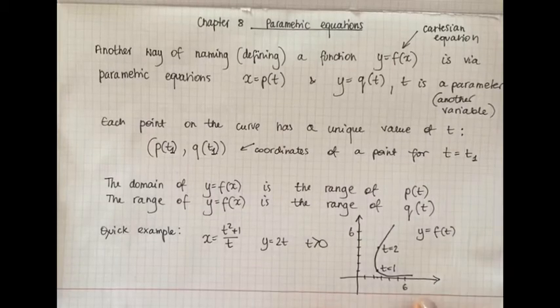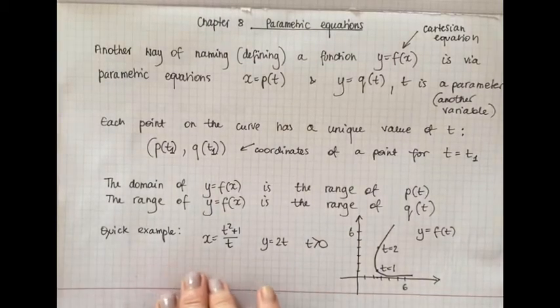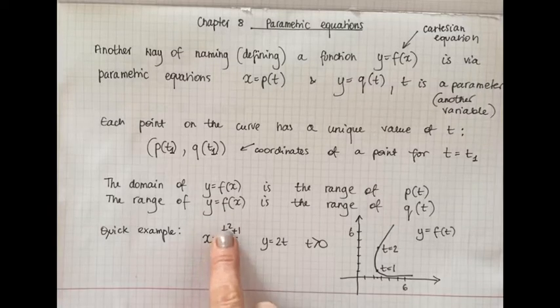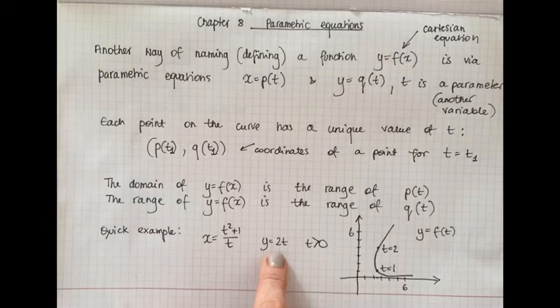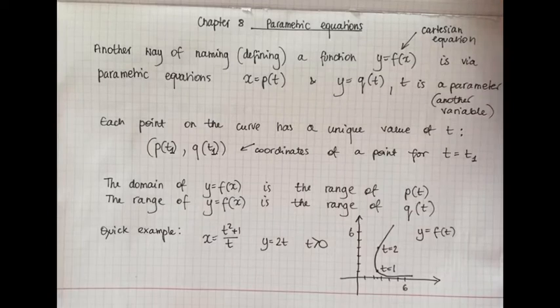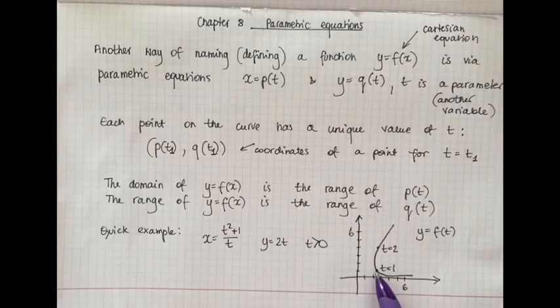So a quick example, here you've got a sketch. This is a function that's defined in terms of t. x equals t squared plus 1 over t, and y equals 2t. t is clearly only positive. As you go along, you could, for example, substitute t equals 1 into the definitions, and it will stop at a particular point on the curve.